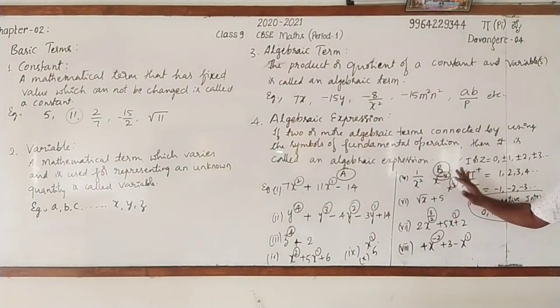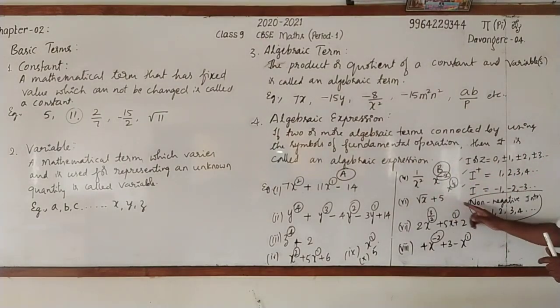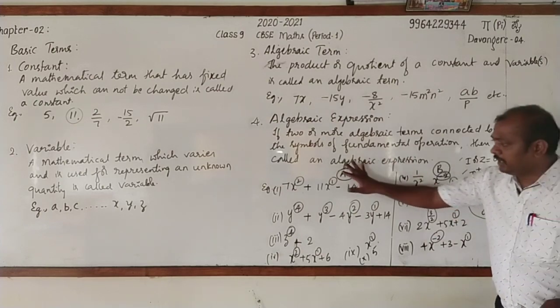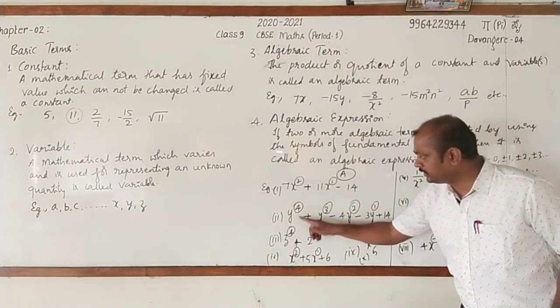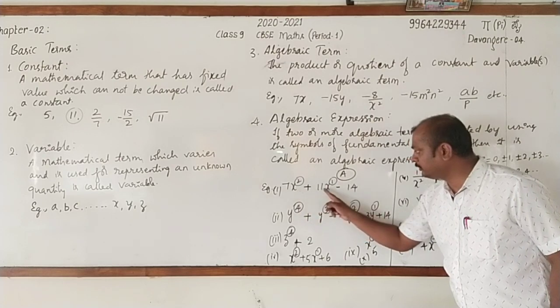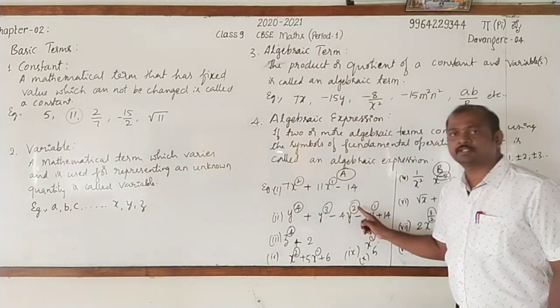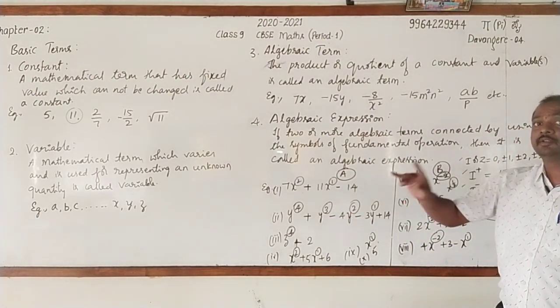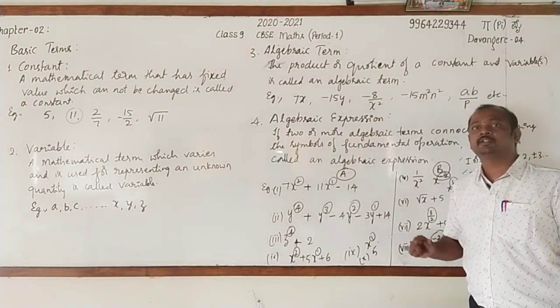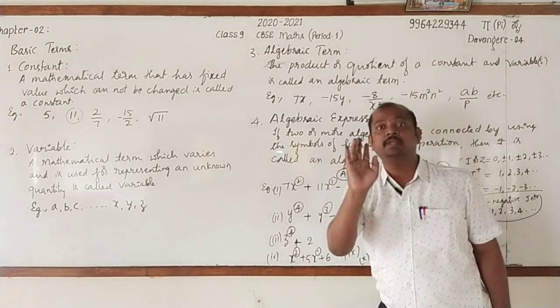No, they are not non-negative integers. And this group A, these are the algebraic expressions involving variables whose power is non-negative integers. They are called by the name of our chapter. What is that? They are called polynomials.